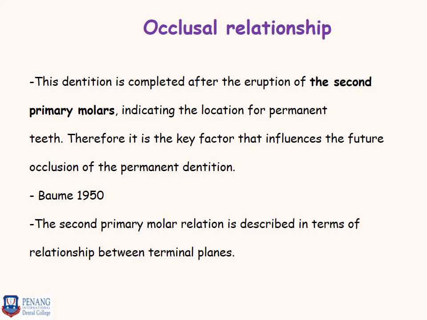Therefore, the primary second molars are the key factors that influence the development of the future occlusion of the permanent dentition. Whatever your occlusion is in the primary dentition, the primary second molar decides it, and the permanent first molar just follows.